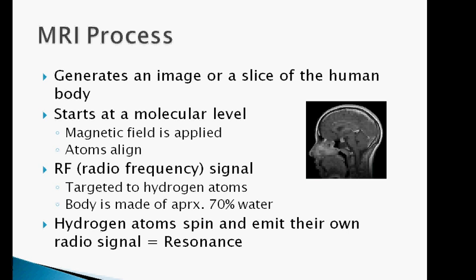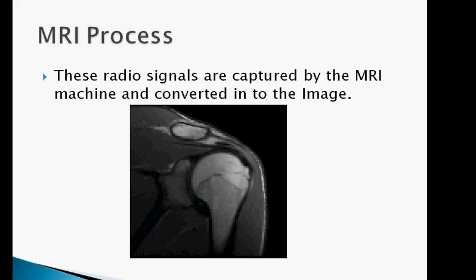These hydrogen atoms receive the radio frequency signal, spin off in a different direction, and return a radio frequency signal of their own. That is the resonance part of it. After that, the machine captures those radio signals and converts that into the slice or image.